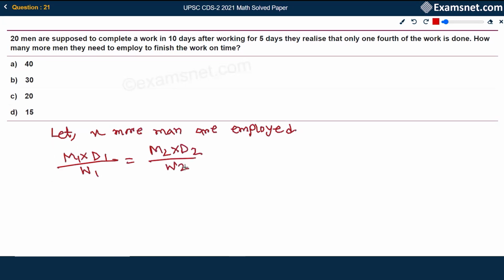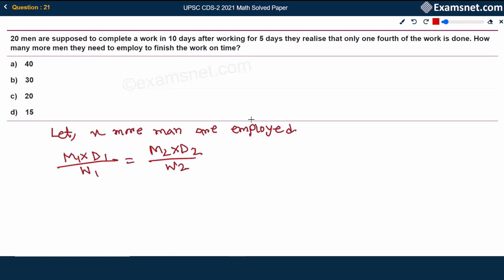Here M denotes the number of persons, D denotes days, and W denotes the amount of work that needs to be done. And how can we use all this data in this formula, that I'm going to show you in the next few steps.